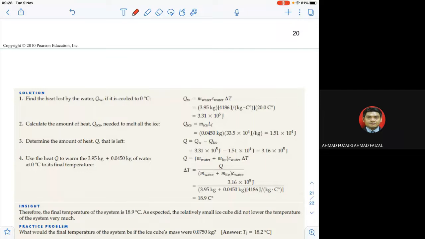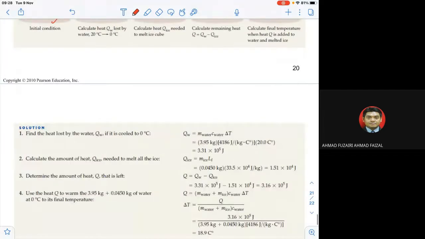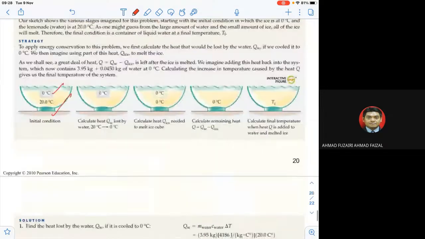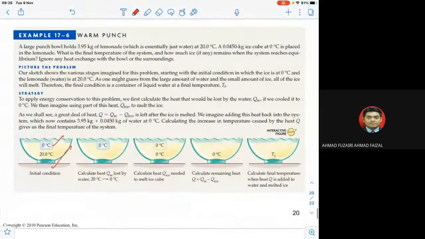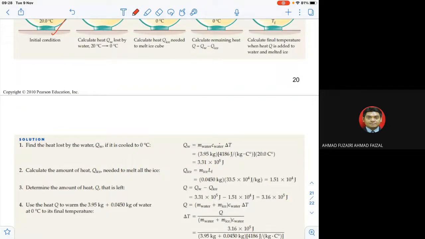Heat change between 20 degrees and 0. So here, the bowl holds 3.95 kilograms of lemonade. m water, c water, delta T, because the heat comes from the water. The water has its own Q, and then we need to add the ice.